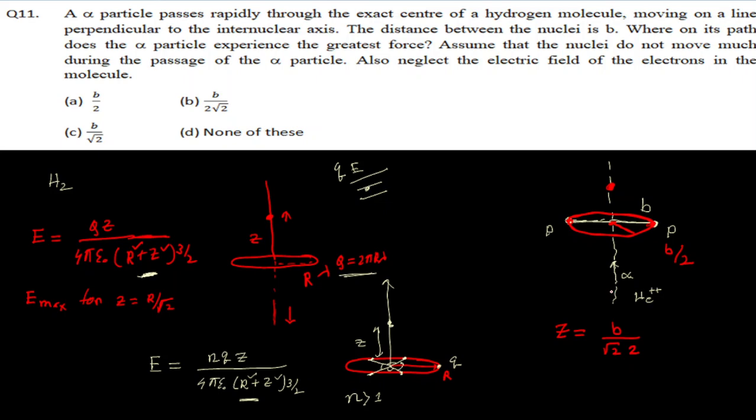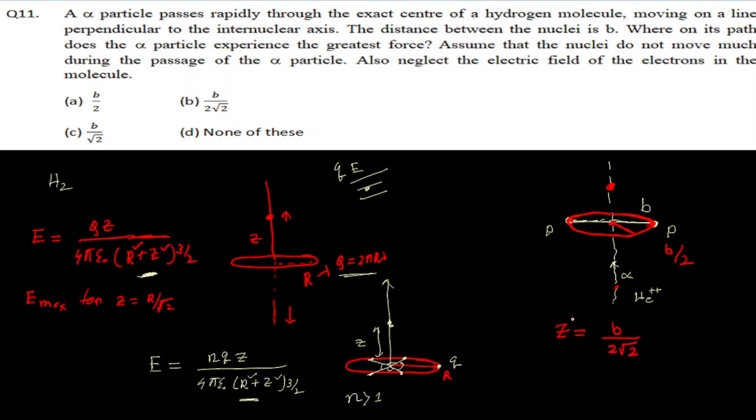So if the electric field is maximum, then the alpha particle will also experience a maximum force. So F will be maximum when z will be b by 2 root 2.